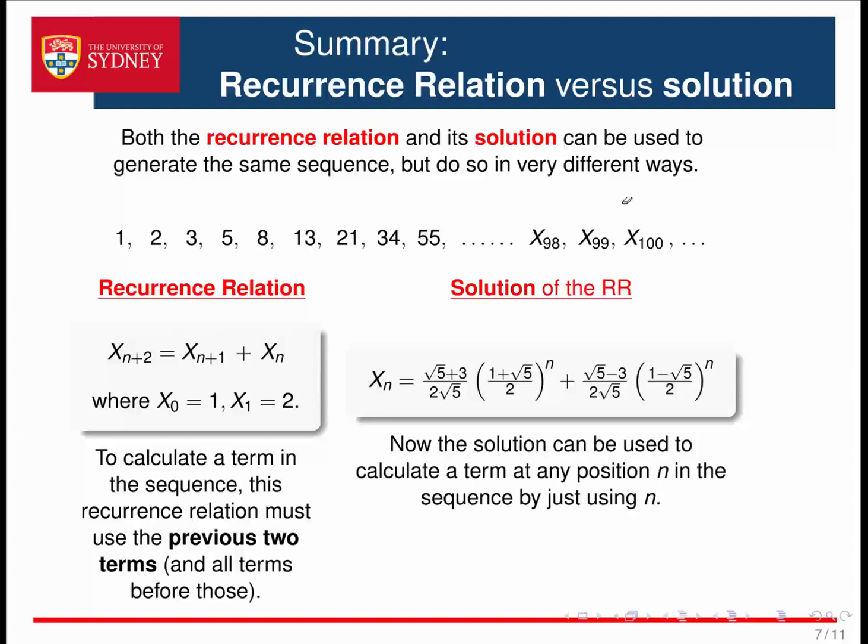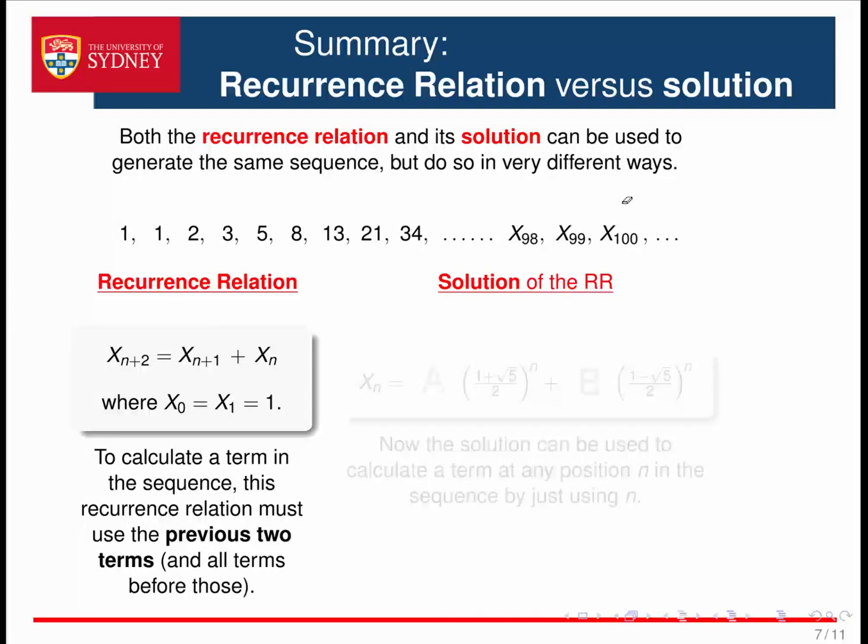Let's look at one more sequence by choosing two different initial values, x0 and x1. This time let's use the same recurrence relation but choose both x0 and x1 to be 1.